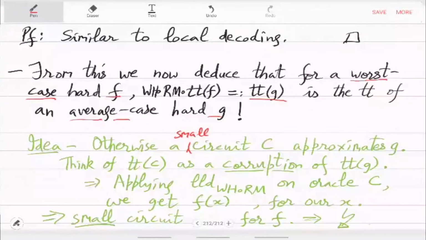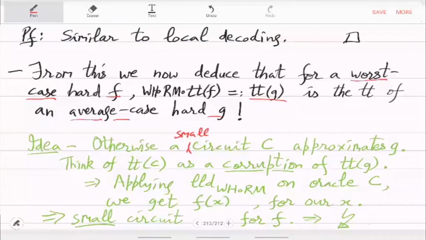Moreover, the advantage over half should be significant, or well, the advantage over half should not be significant, in fact, because you want to prove that g is average case hard. So those things you have to look into the details.